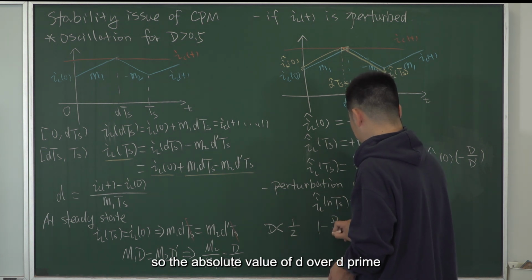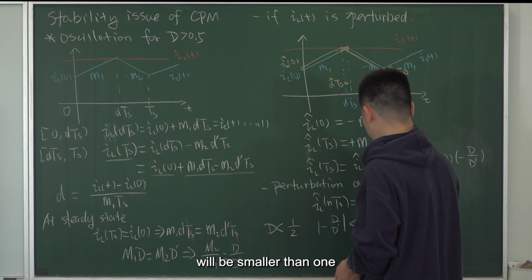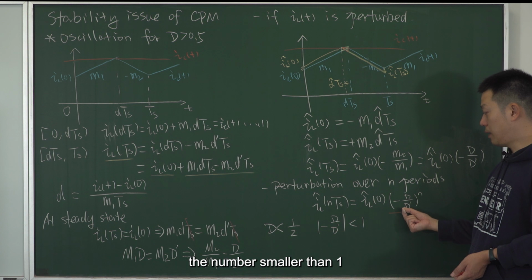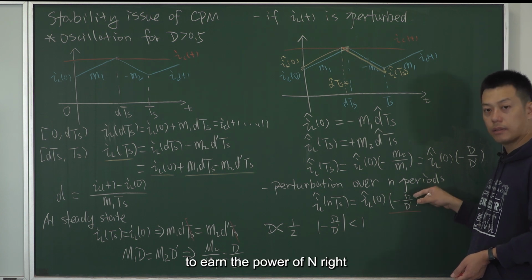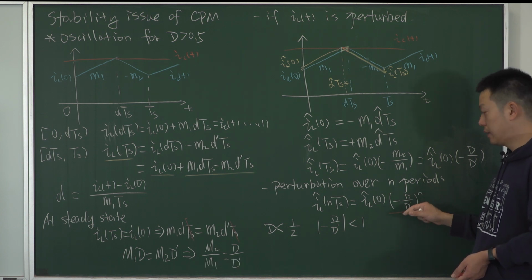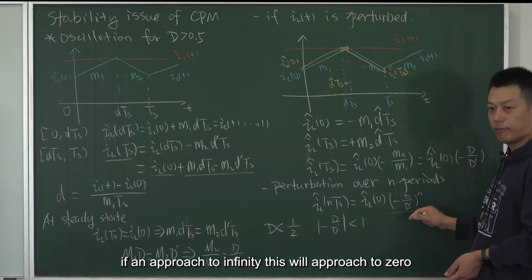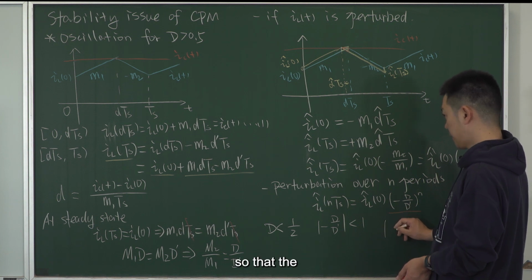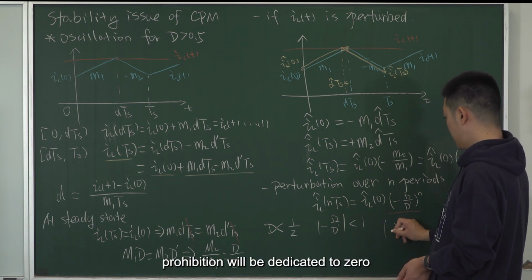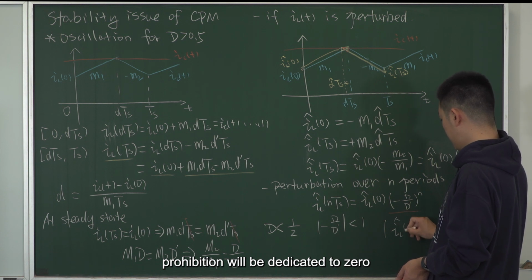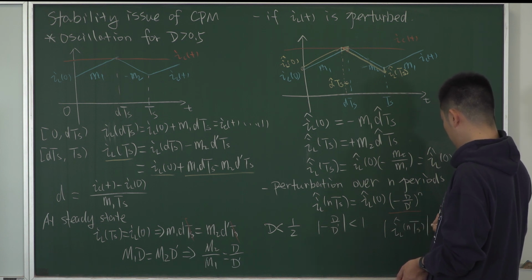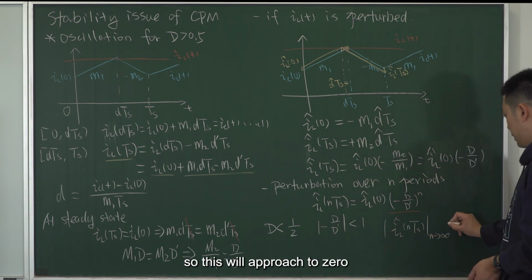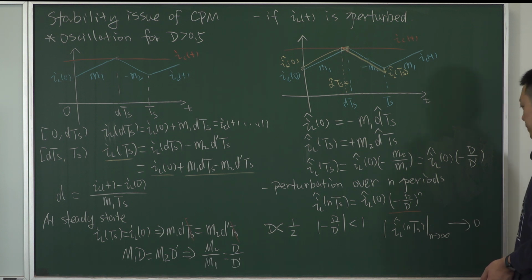A number smaller than 1 to the power of n, meaning that if n approaches infinity, this will approach 0, so the perturbation will decay to 0 if n approaches infinity, right? So this will approach 0.